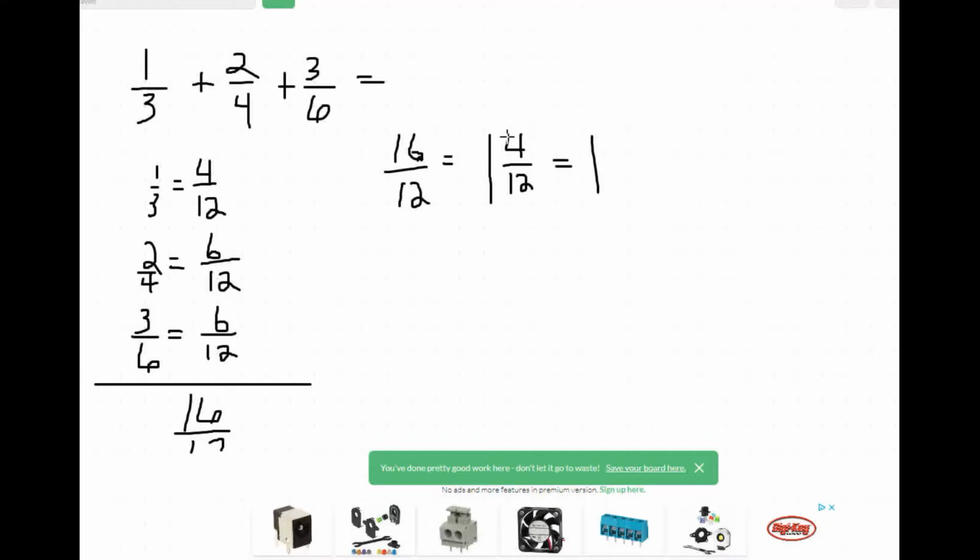We just need to make this in smaller terms. What number can both of these be divided down by? 4. 4 divided by 4 is 1. 12 divided by 4 is 3. That, my friend, is our final answer. So 1/3 plus 2/4 plus 3/6 would give you 1 1/3. Does all that make sense?